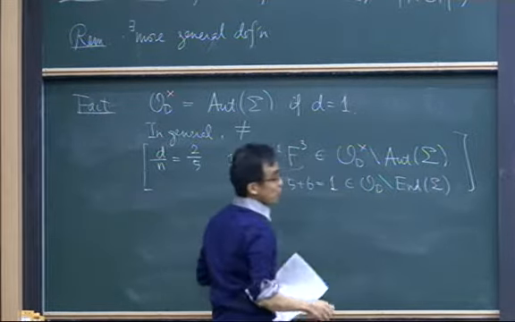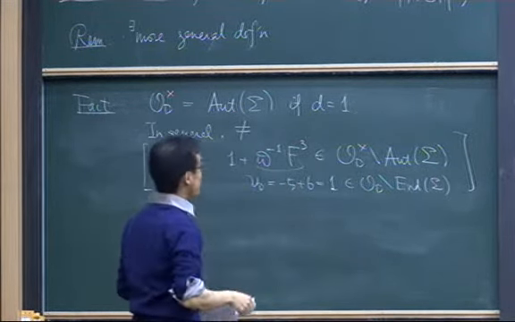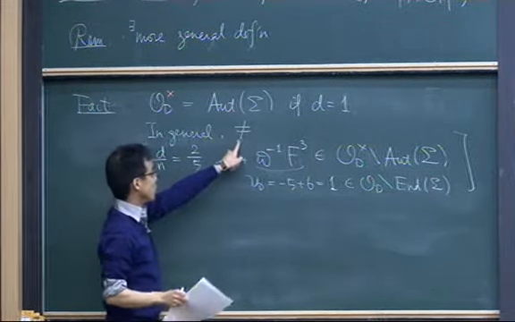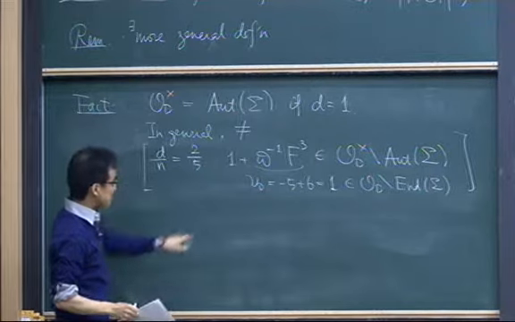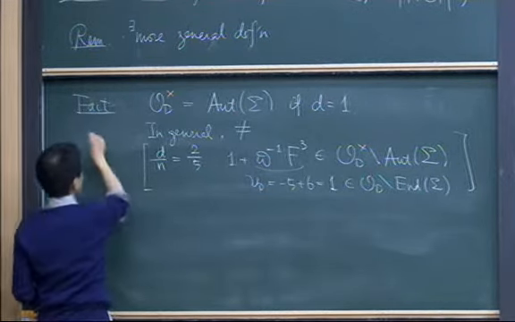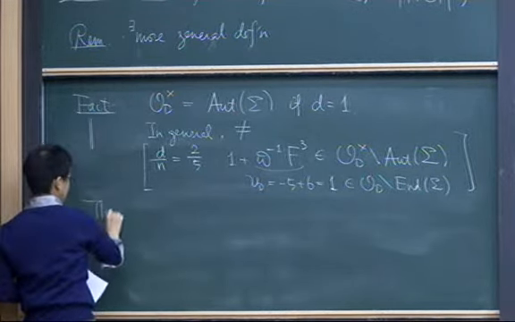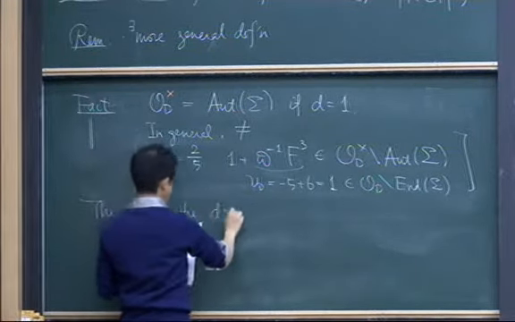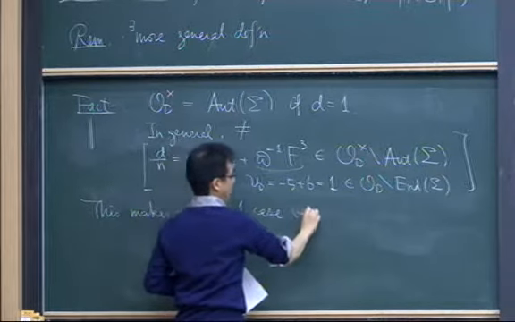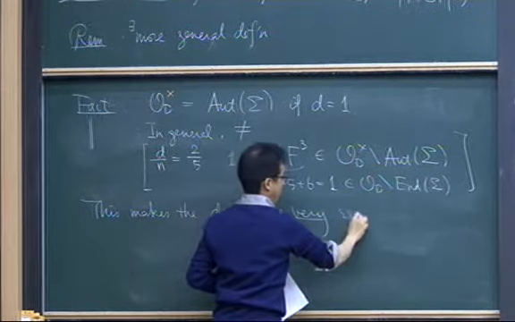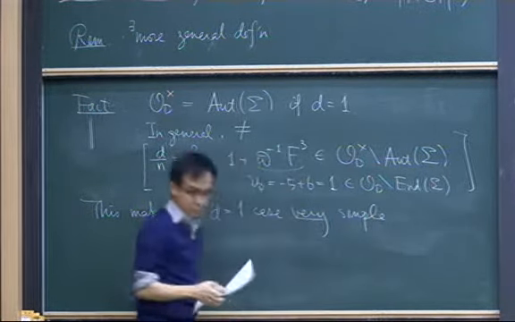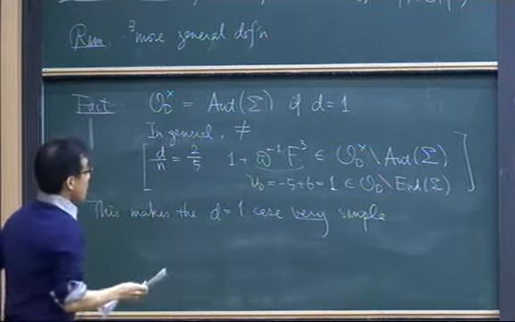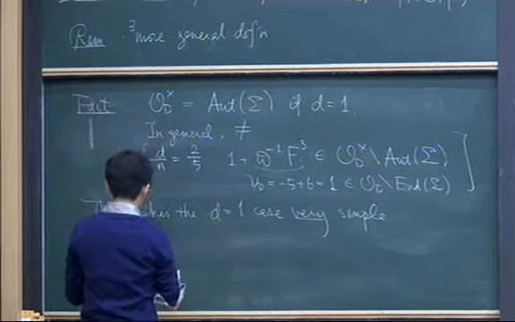I mean, this works only if my conjecture is true. But it's certainly true that these are not equal in general. Okay, so this makes the case d equals 1 very simple. So we'll see how.